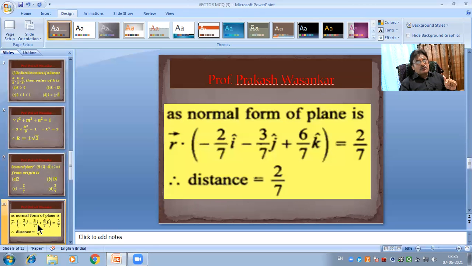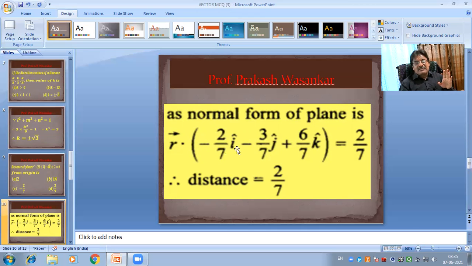Therefore, the solution is: first we write the normal form of the plane. Vector r dot, as it is. Here we find the DCs of a line whose DRs are minus 2, minus 3, plus 6. So minus 2 upon under root 2 square plus 3 square plus 6 square, that is root 49, and root 49 is 7.